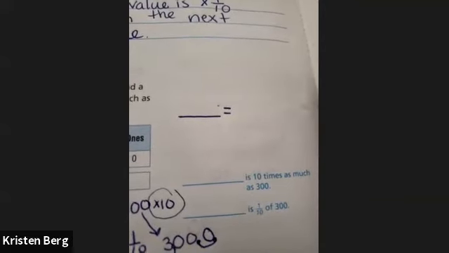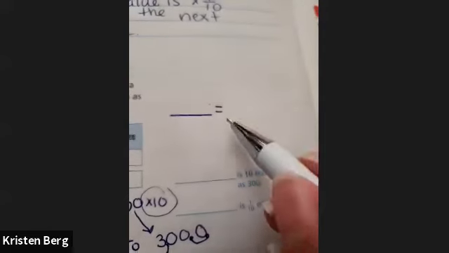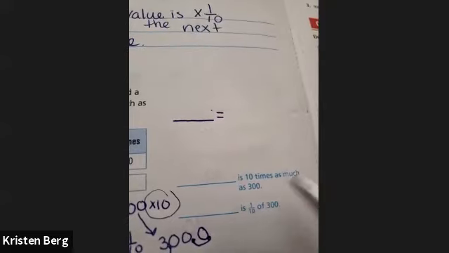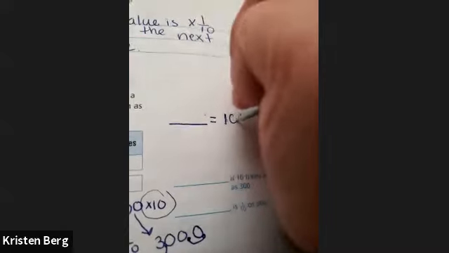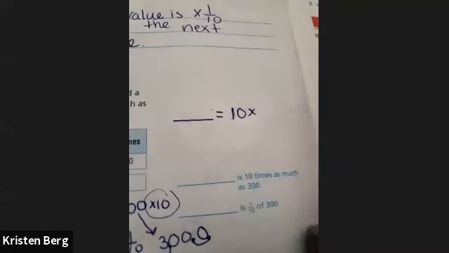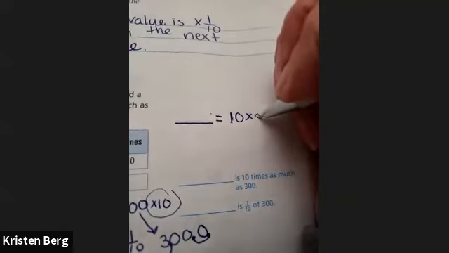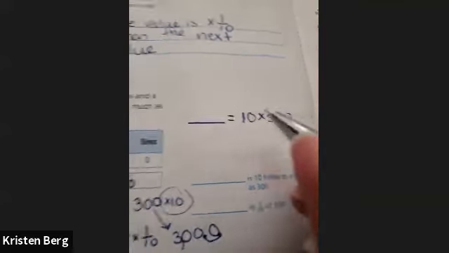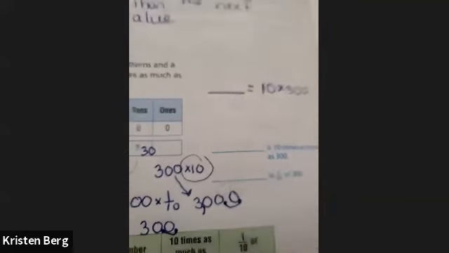And I think it would be so much easier for you to do that. So blank is, which means equals, 10 times as much as 300. So let's write that. 10 times as much as 300. Oh, so they're saying what you're going to do is 300 times 10. Well, we already did that over here. So that came out to be 3,000. So that is our answer, 3,000.